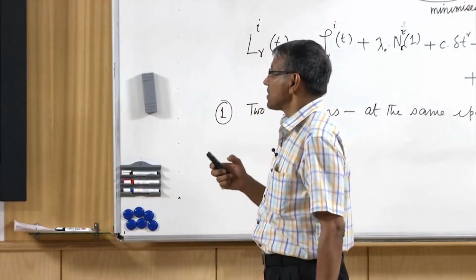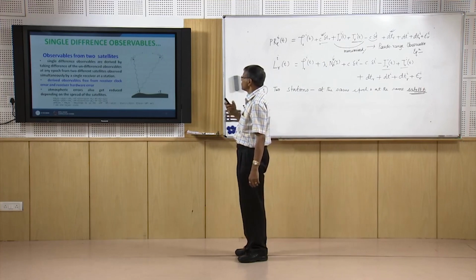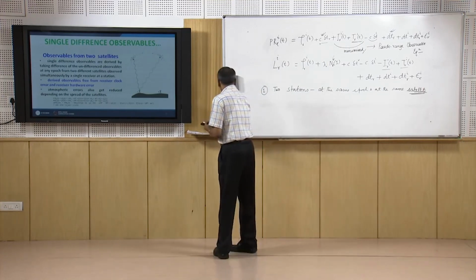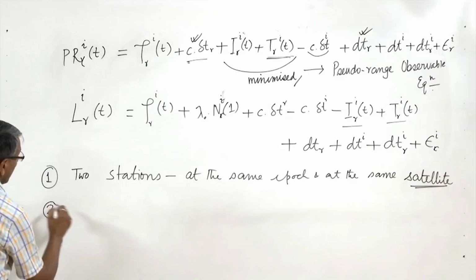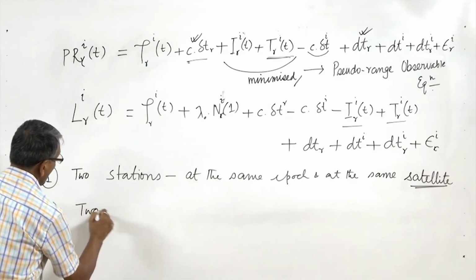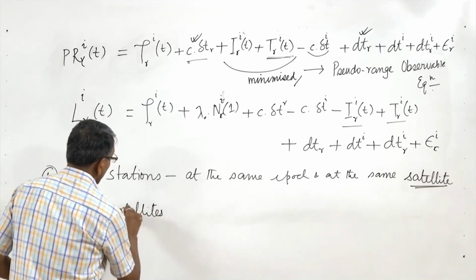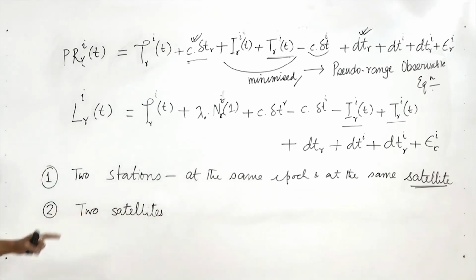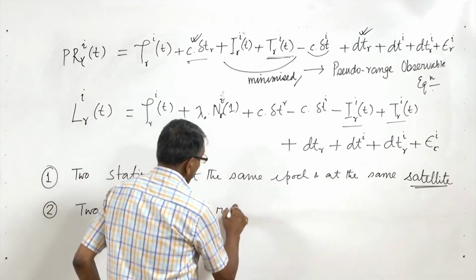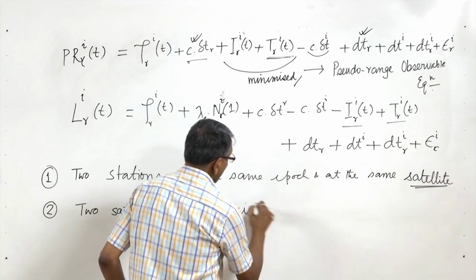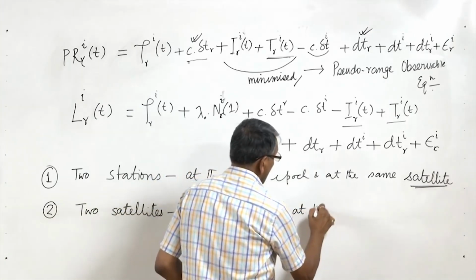Now let us consider the second type of single difference GPS observable. In this case we take observables from two satellites to one receiver, at the same epoch.